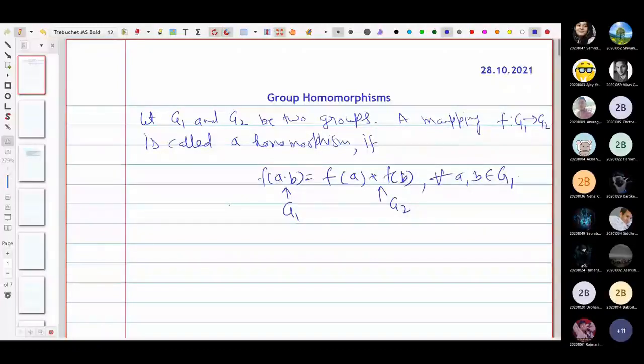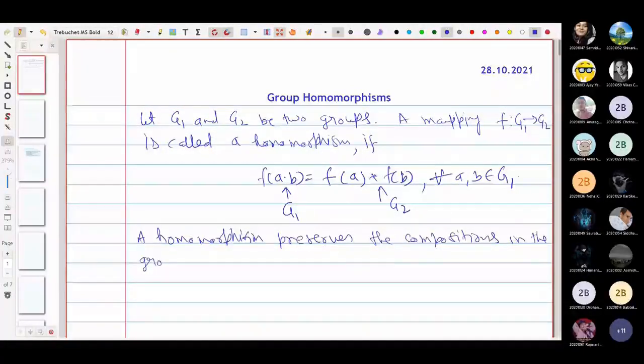In other words, in words we can say a homomorphism preserves the compositions in the groups G1 and G2.